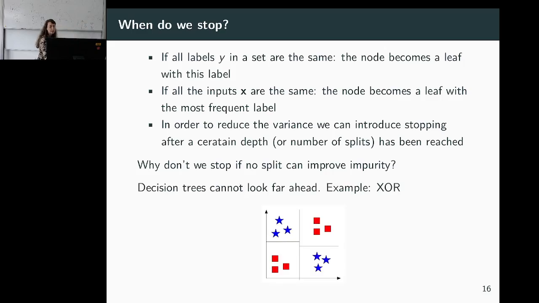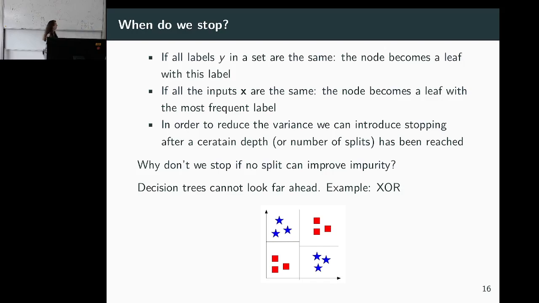The reason why it's not a good idea to stop is that decision trees are greedy. They cannot look far ahead. They decide only on what they see now, and they don't know what happens if we split like this. Because if they do it like this, then wow, suddenly this is really nice. For the next split, we can do it just like this, and then it's separable.